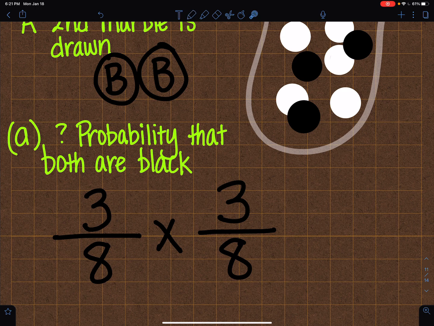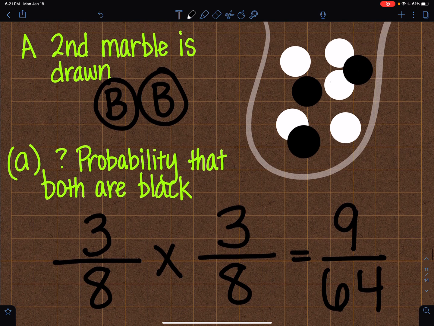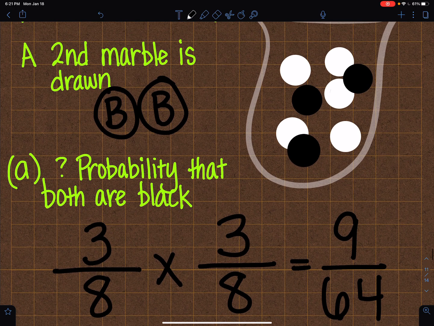And you know that when you are multiplying fractions, you just multiply straight across. So 3 times 3 is going to be 9. 8 times 8 is going to be 64. So isn't that interesting? Because out of 64 tries, you're only going to have that happen 9 times out of 64.